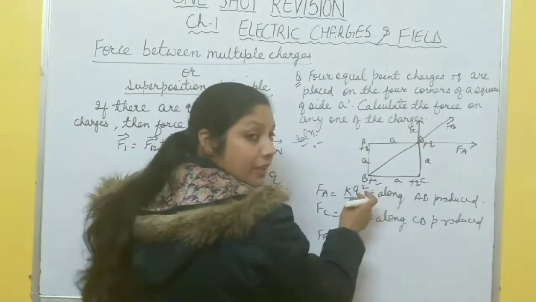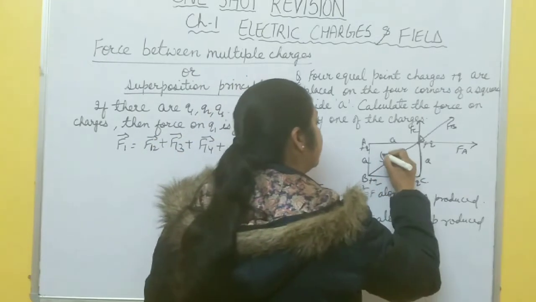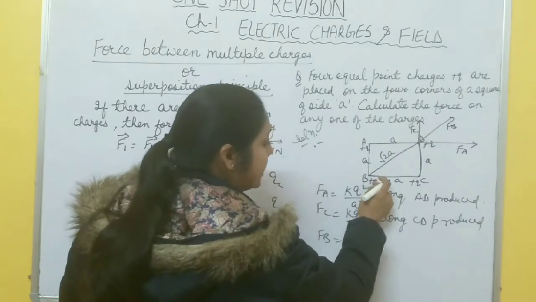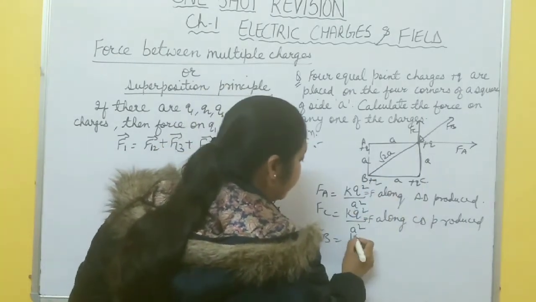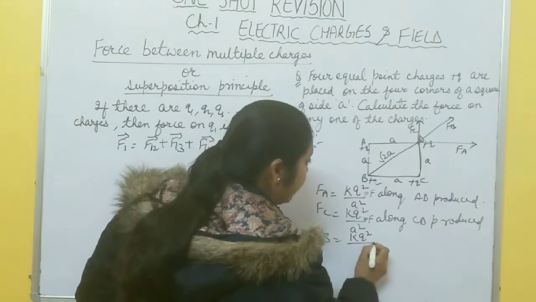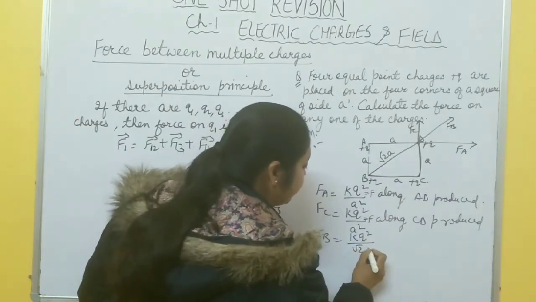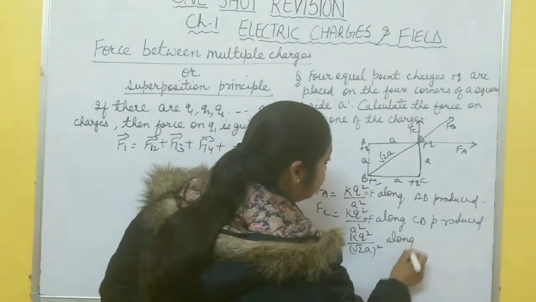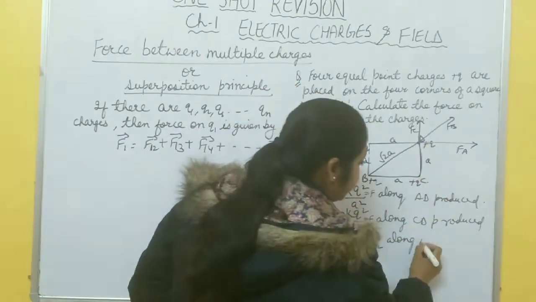This is the diagonal of the square. It is always equal to root 2 times the side, root 2 a. Here the charge is again plus q. So K q1 q2 over distance squared means K Q square by (root 2 a) whole square. And this is along BD produced, right?